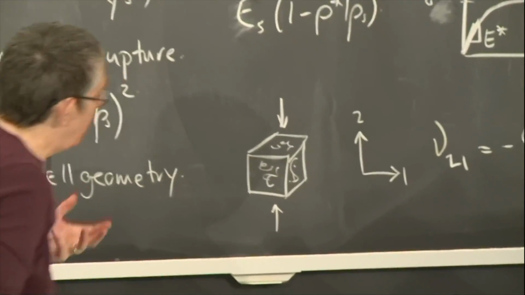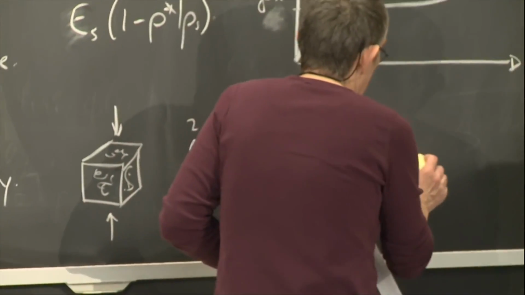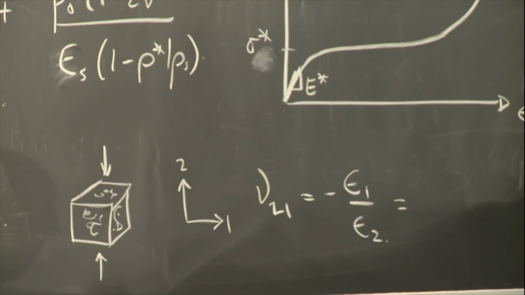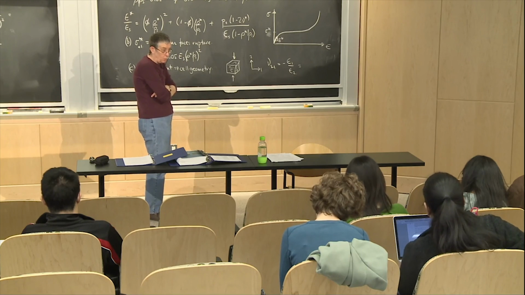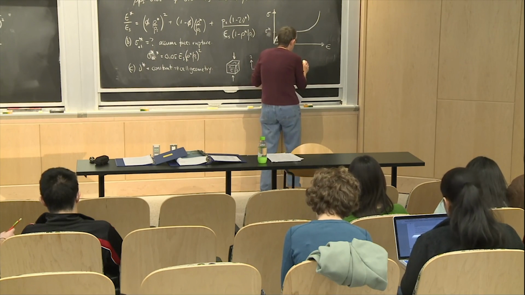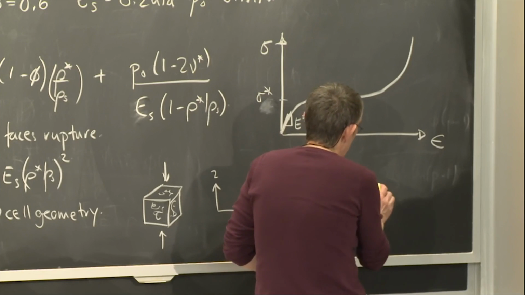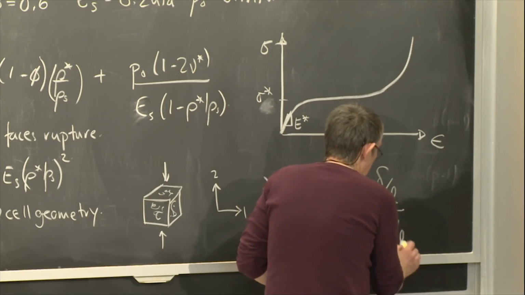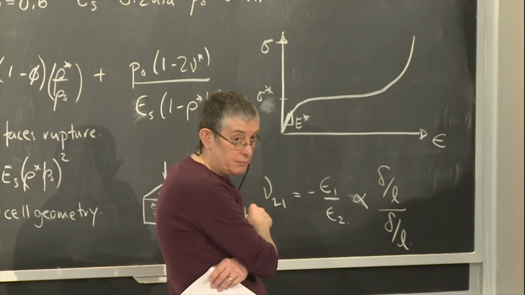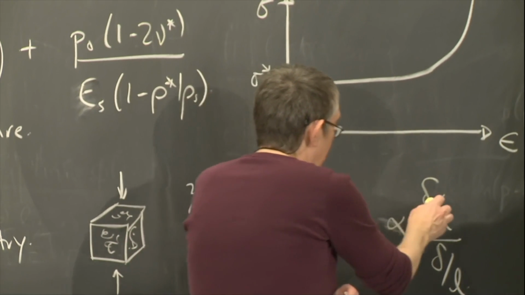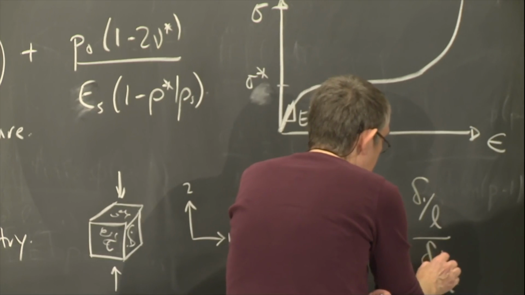And if you think of our model for the elastic behavior of the foam, each of those strains is going to be related to some bending deformation in the cell walls or the cell struts. This strain is going to be proportional to delta over L, and this one is going to be proportional to delta over L. This might be delta in the one direction, and this will be delta in the two direction.